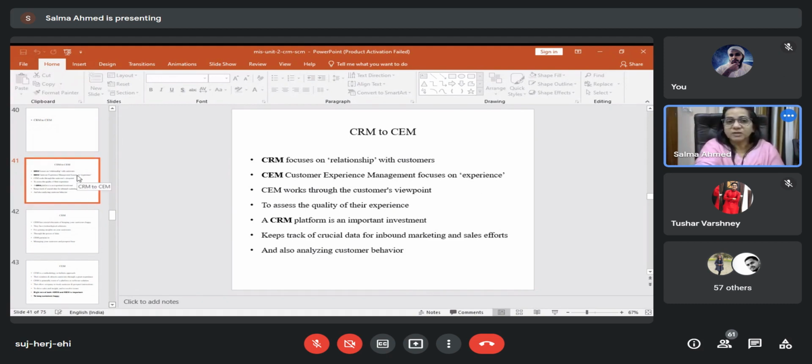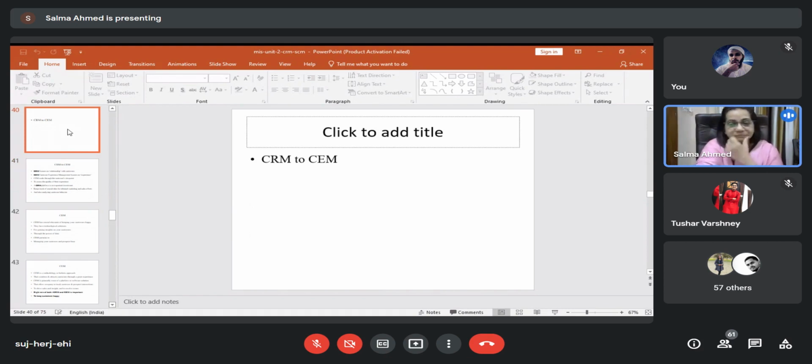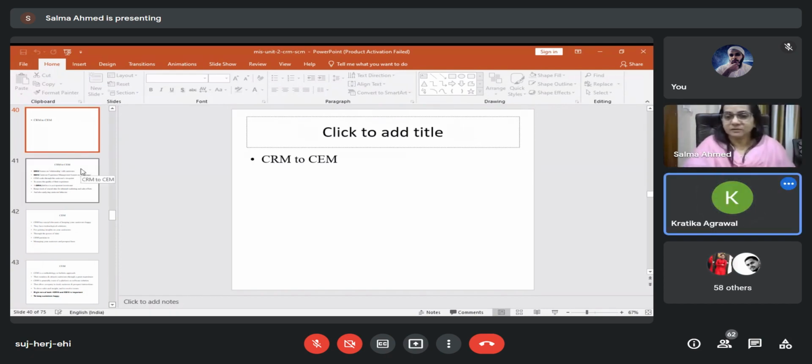The difference between the two is, yes, anybody can try. What's the difference between CRM and CEM? CRM is customer relationship management. Ma'am, in customer experience management, we figure out what a customer is experiencing with our, from like the feedback part. And in CRM, we try to resolve the issues of the customer. Am I right, ma'am?